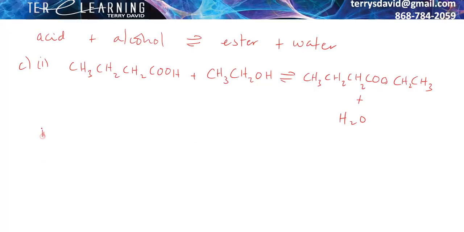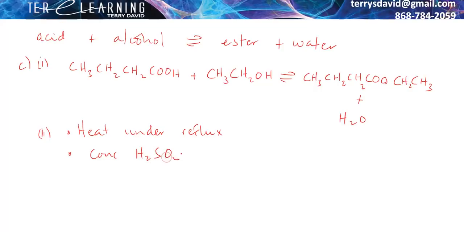In part 2, they want us to state the conditions required for this reaction. So this is an esterification reaction, so we're going to heat under reflux. That's one condition. And we're going to use concentrated sulfuric acid as a catalyst.